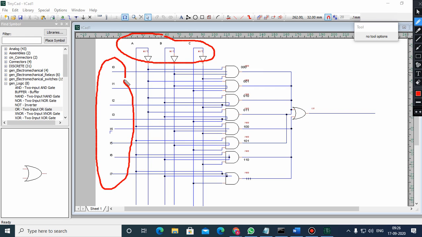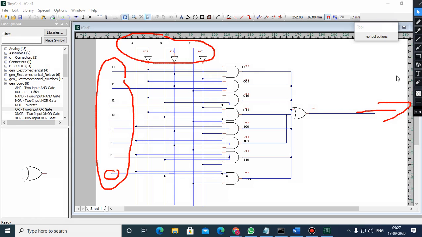So if there are 3 select lines, there will be 8 inputs. So these inputs we have got here. So if I am passing triple one, it simply means the input at this point will get forwarded along this way on this wire further. So if you people have any doubt, then please ask. This is all about multiplexer.